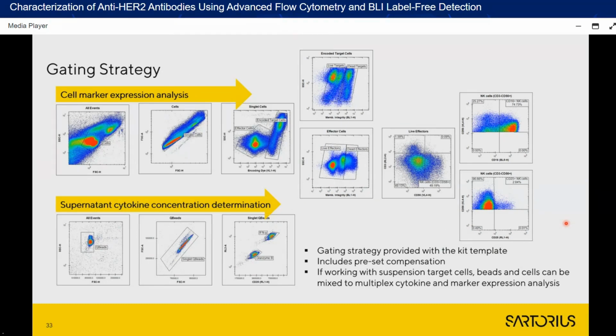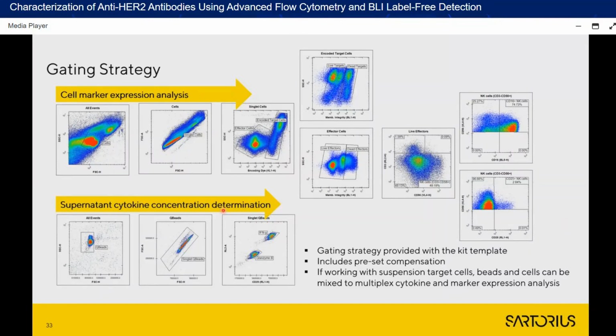So it can be imported directly into the software and is provided with the kit. It also comes with a preset compensation matrix. So obviously you don't have to perform any compensation yourself, which drastically speeds up the time during your assay development process.